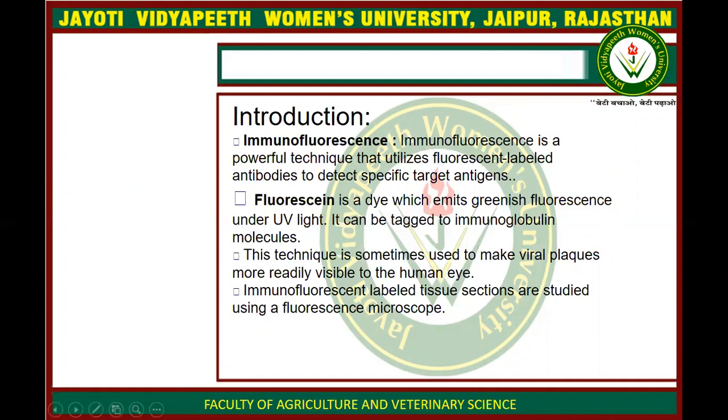And immunofluorescence is a term related to immunology, meaning the antigen and antibody interaction is analyzed quantitatively or qualitatively by some specific fluorescent light. This detection is known as immunofluorescence.